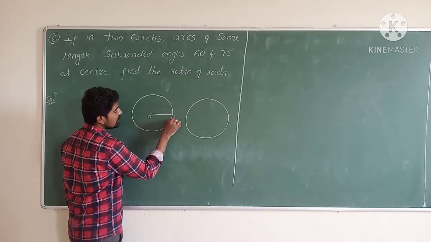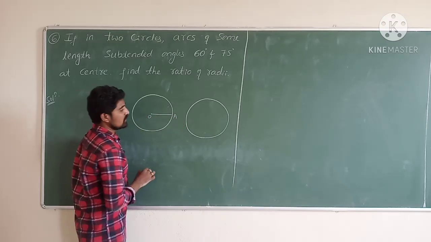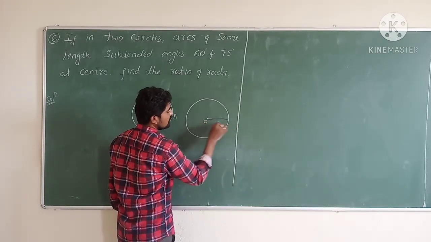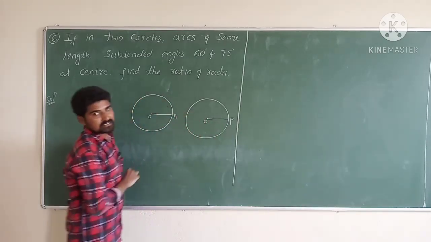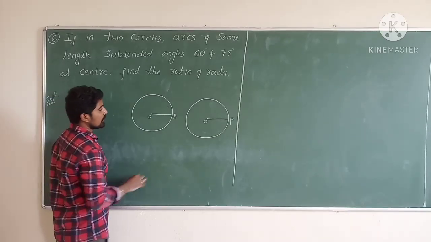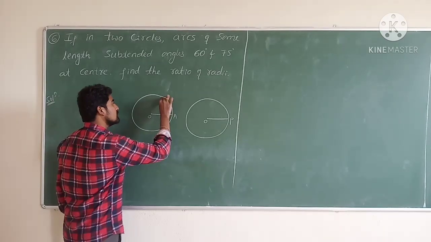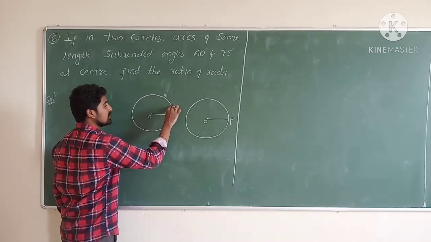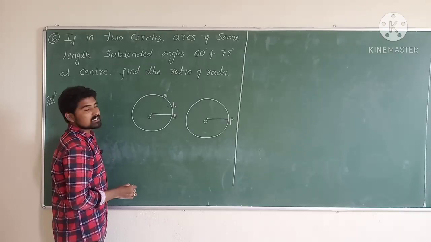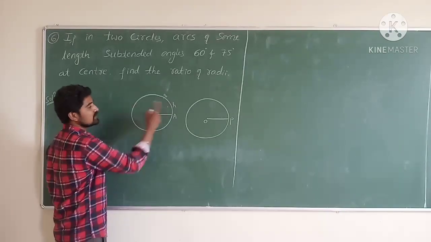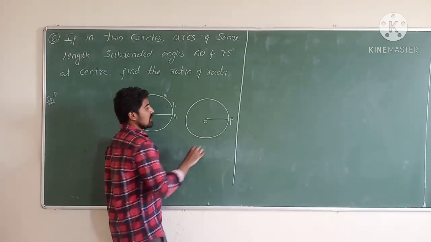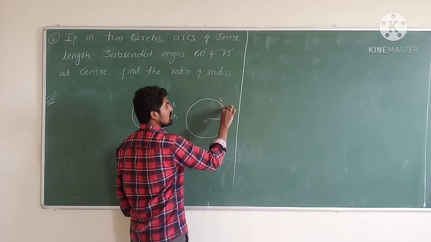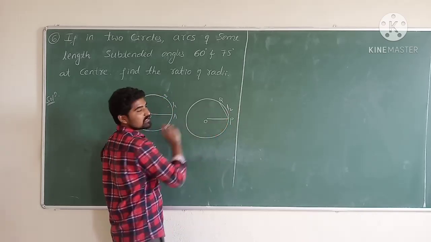Let OA be the radius of the first circle and OP be the radius of the second circle. Let this be the point B and AB is the first circle arc length, that is L1, and PQ is the arc length of the second circle.